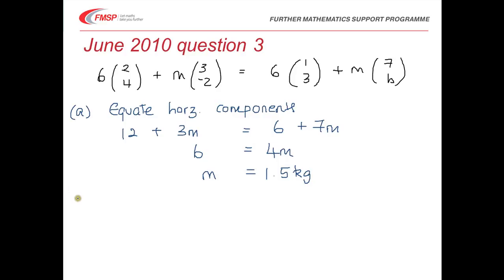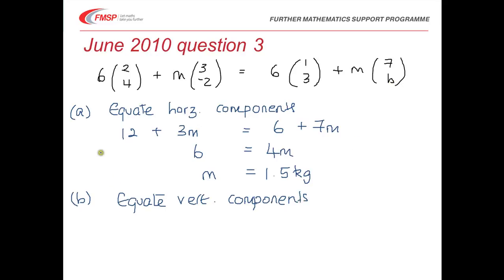And in exactly the same way now, we can equate the vertical components. Especially now we know what m is, it's just going to be this one unknown here, this b.